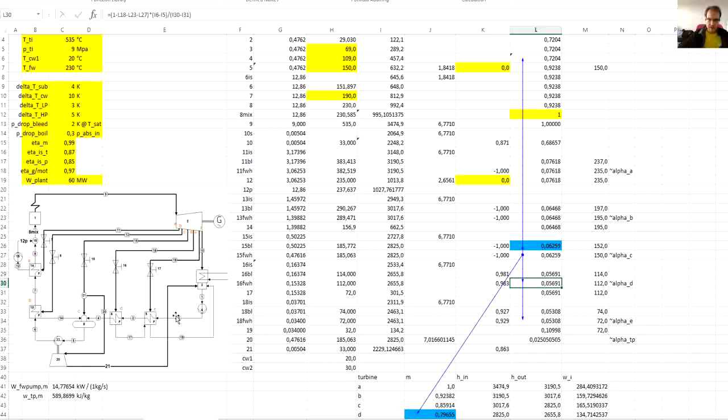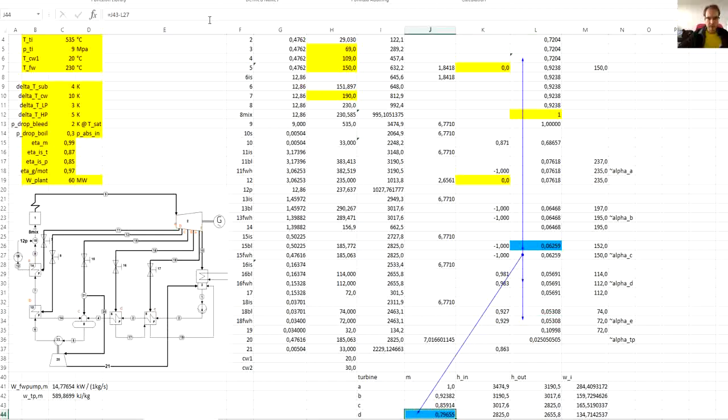Again, it's from the point where we were defining the mass flow rate in the stream number 2 and 3. So here we keep it like it is, and same would be for the following. This is alpha D and alpha E, just the definition of the mass flow rate on the feedwater side.